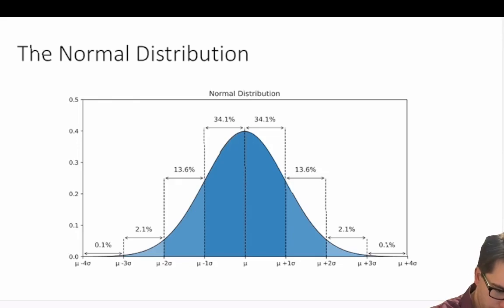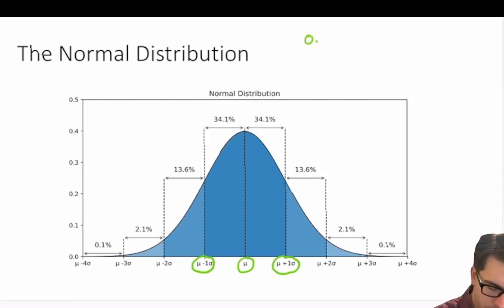So if this is our mean right here, we're centered around our mean. And what do we see? Within plus or minus 1 standard deviation of the mean, from -1 standard deviations to +1 standard deviations, we see 34% on each side.